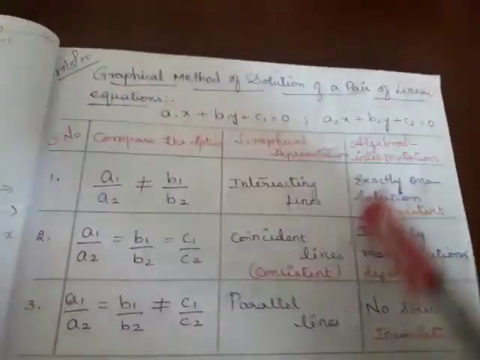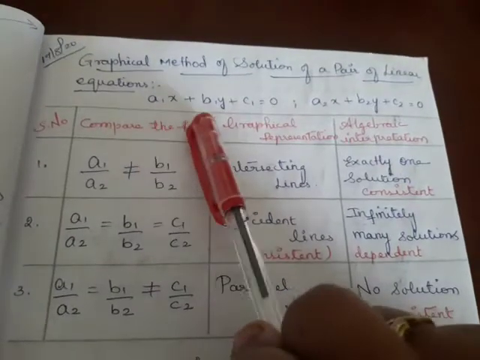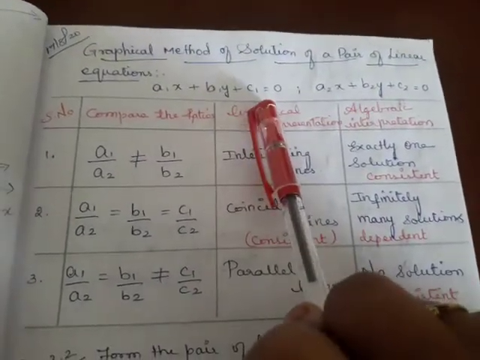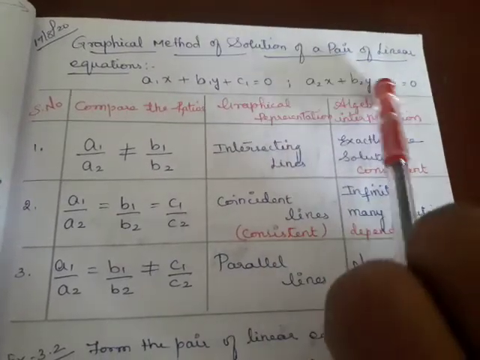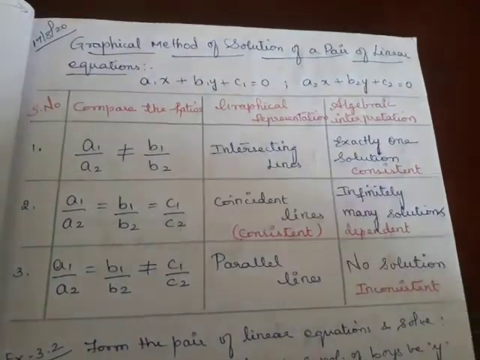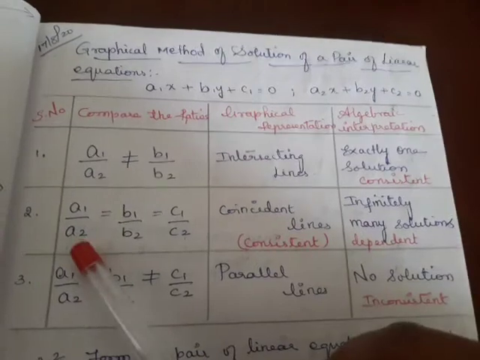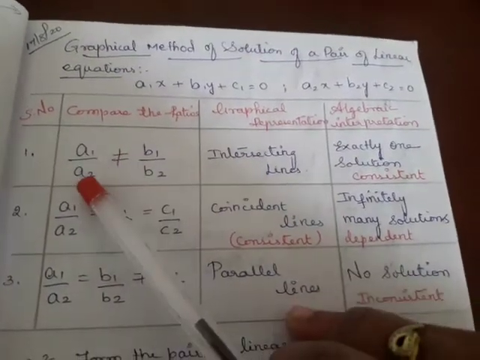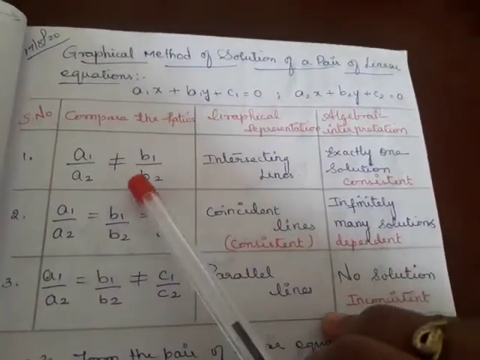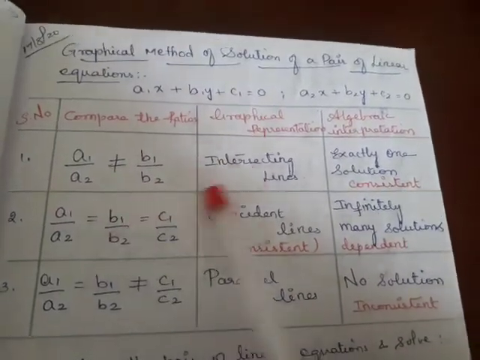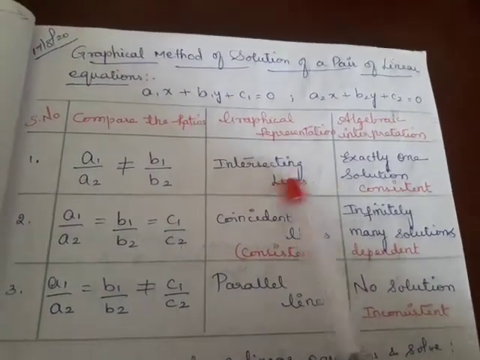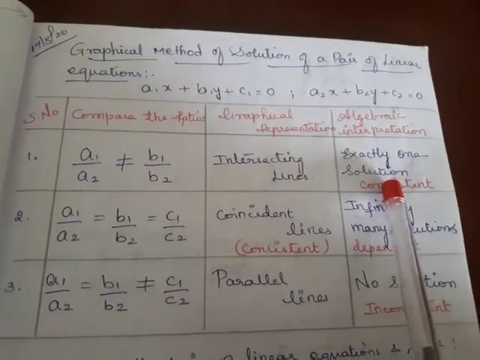Hope you remember this table. a1x plus b1y plus c1 equal to 0, a2x plus b2y plus c2 equal to 0 are the two equations, a pair of linear equations. Then if a1 by a2 is not equal to b1 by b2, if the coefficients are completely different, then they are intersecting lines and they have exactly one solution.